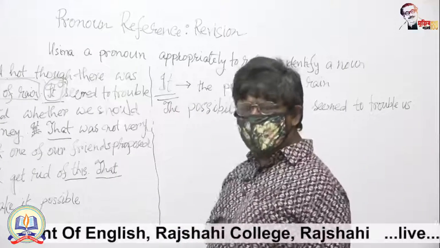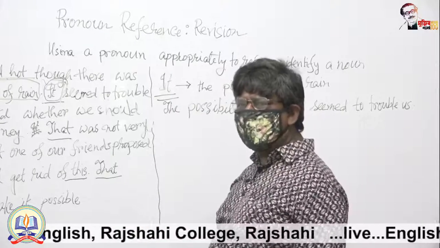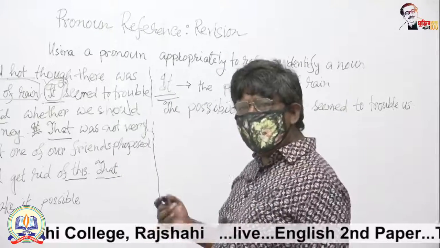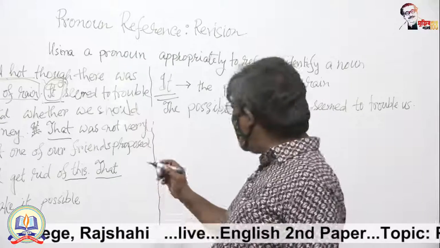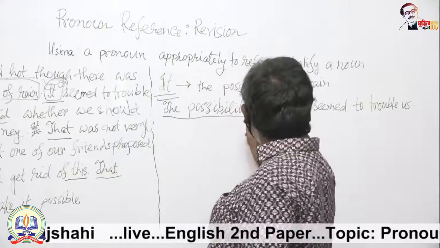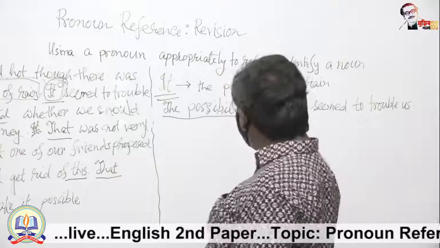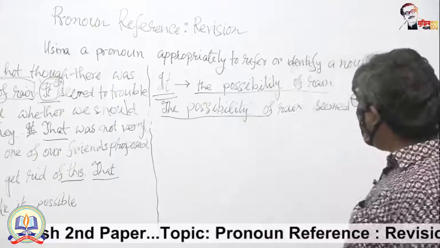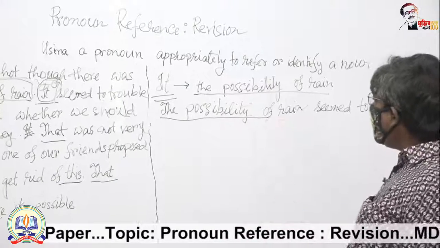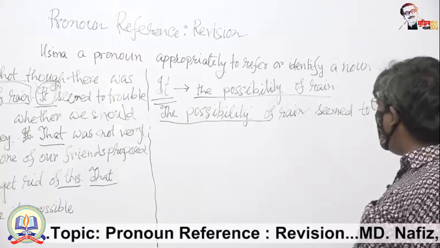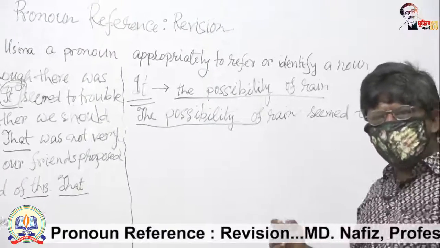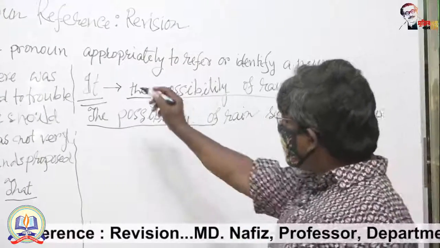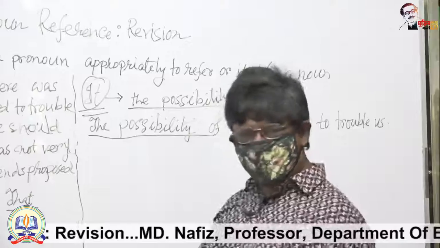All pronouns are a reference of a particular noun. Sometimes a pronoun may refer to a noun phrase like this one, the possibility of rain, as I have shown in the previous line. It refers to the possibility of rain. If you do not use the noun or noun phrase itself, the reference of the pronoun it is unclear.